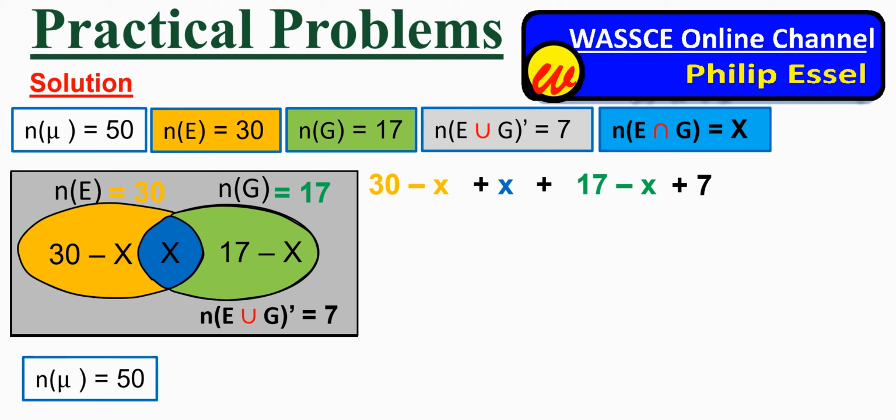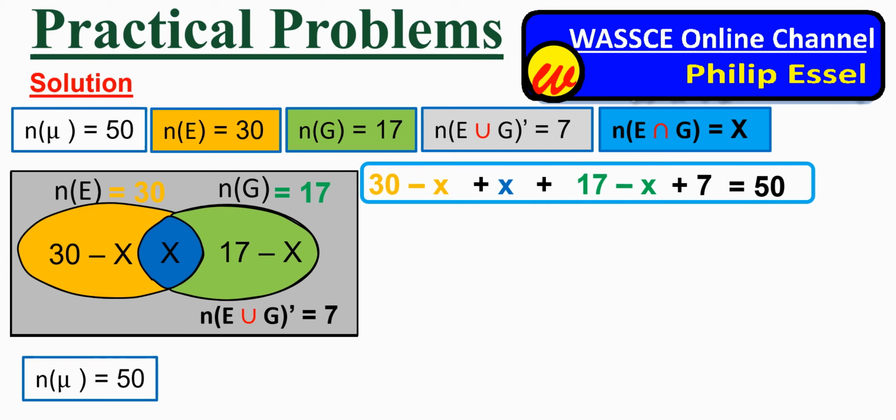And this represents the students who did not read any of the two subjects. We will then equate this to the total number of students in class, which is 50. So we've been able to generate this linear equation, and from this linear equation, we are going to calculate the value of x. So let's follow the steps and get this done.